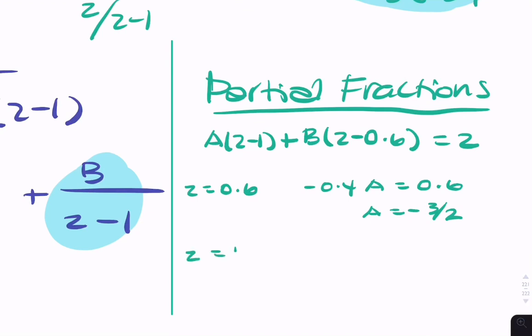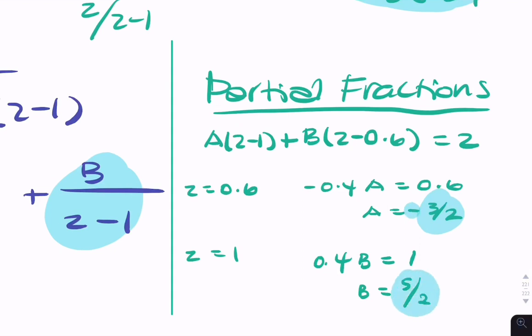And if z equals 1, then 0.4B equals 1, so B equals 1 over 0.4, which we can write as 5/2. So now we have A and B.